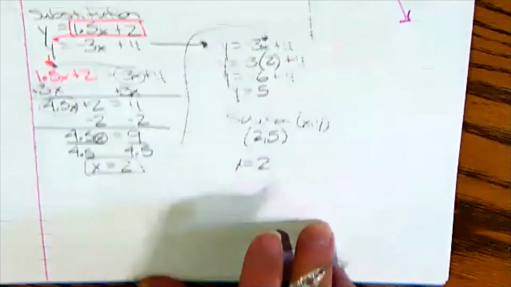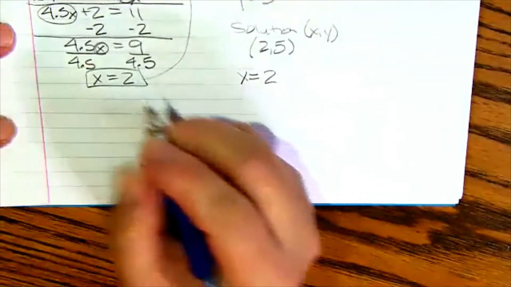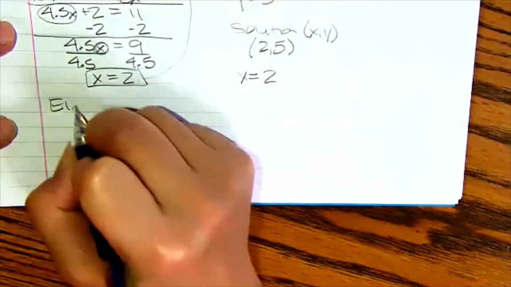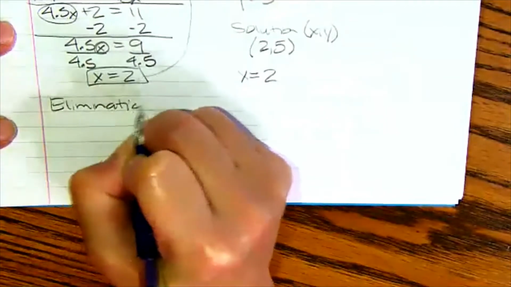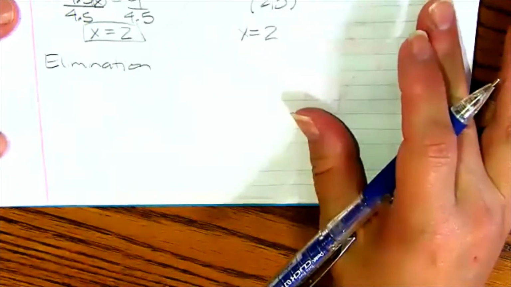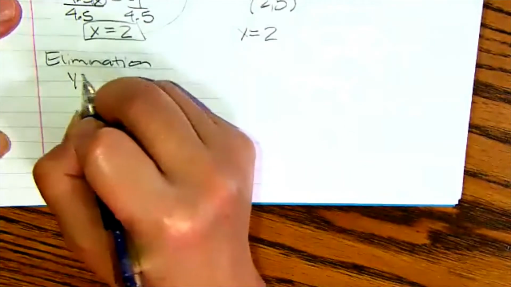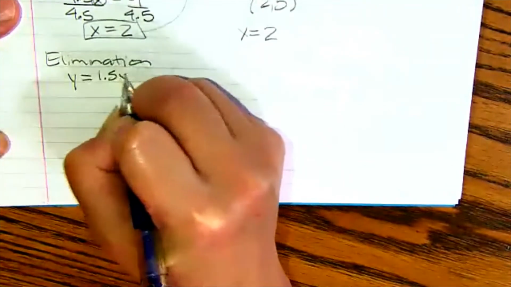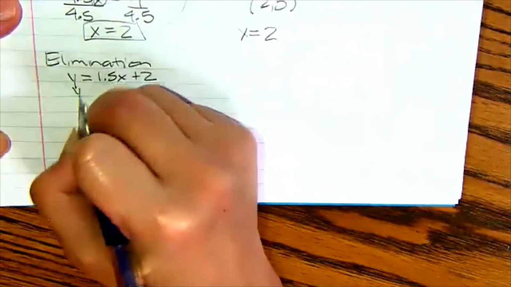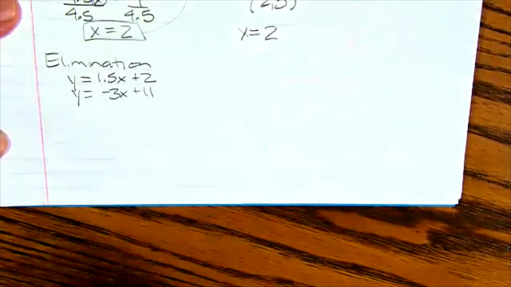And let's solve this the third way using elimination. So we've got y equals 1 5/10 x plus 2, and y equals negative 3x plus 11.